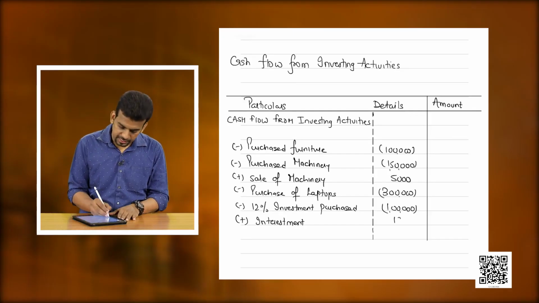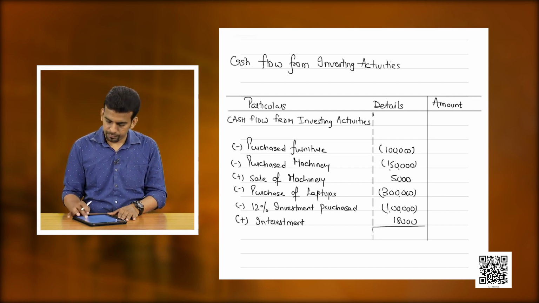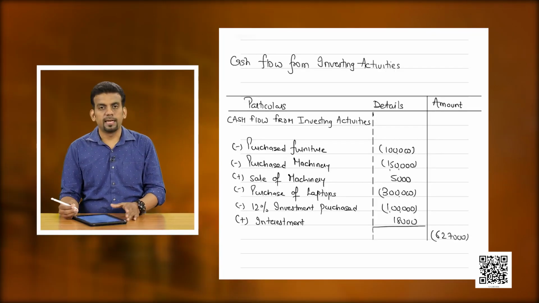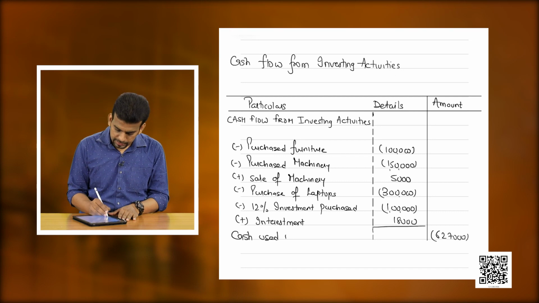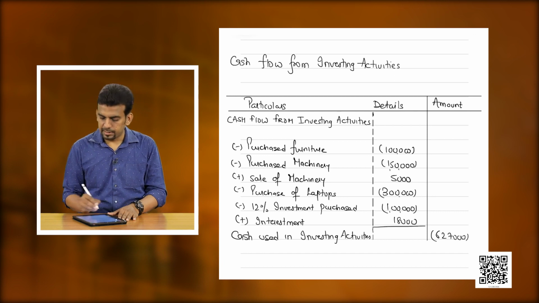It is also an outflow of cash, and we have received interest on the same investments, and we have calculated that in our working note, that is 18,000, and this gives you 627,000 in negative. That means this is cash used in investing activities.